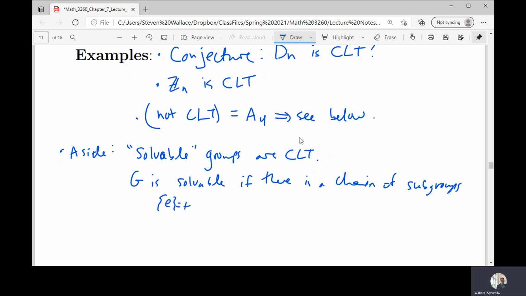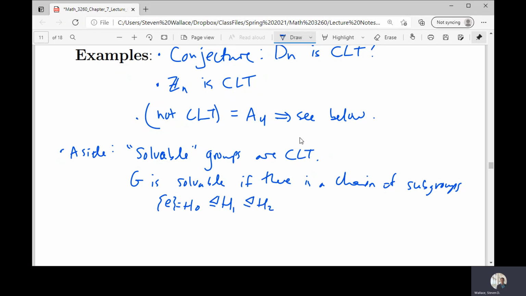The trivial group, and then this is a symbol we're going to learn later, has to do with normal. So not just subset, but these are normal subgroups that are included in one another.